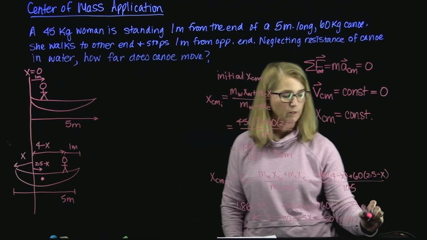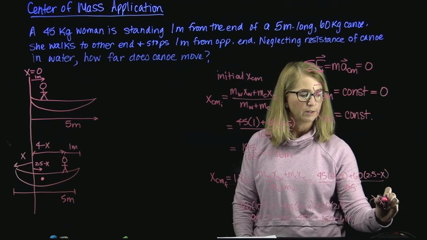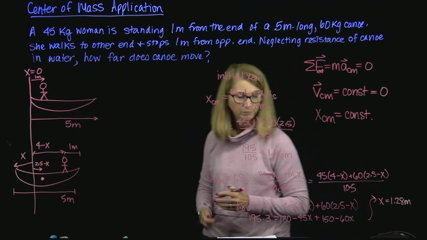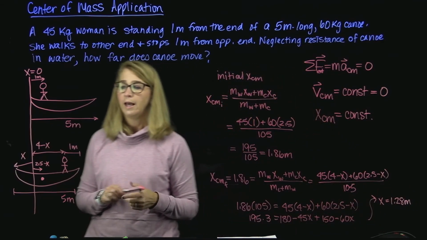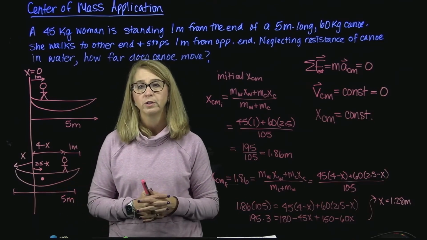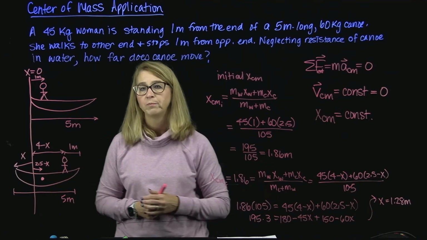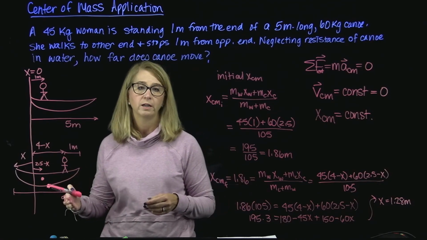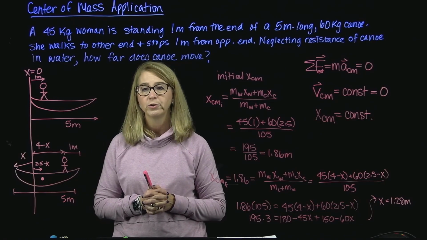I end up solving for x as 1.28 meters. And so as she walked forward, of course the canoe moved backwards. She walked forward 3 meters. The canoe moved back 1.28 meters.